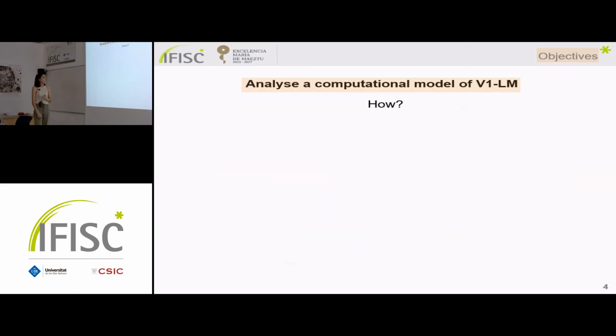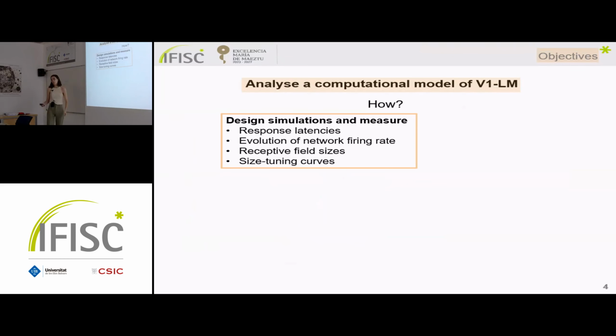How are we going to do this? We are designing simulations and measuring different visual effects. We are going to measure response latencies, the evolution of the network's firing rate, receptive field sizes, and size-tuning curves.